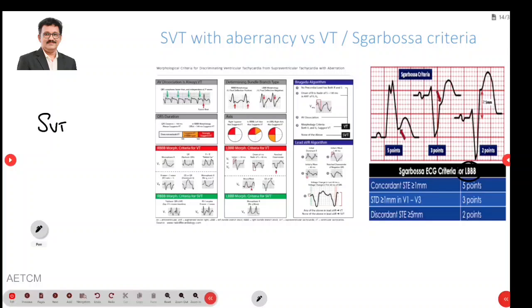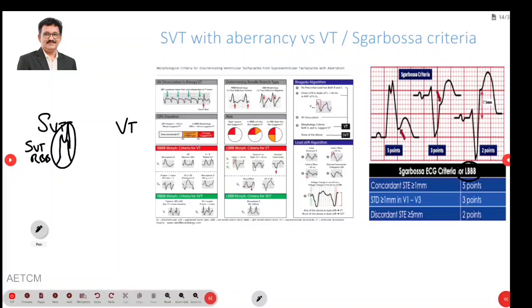SVT alone, VT, SVT with RBBB. So what happens is, you know that in RBBB, yesterday we were told there is an RSR dash pattern in V1, and if you have a tachycardia, there also you can follow this pattern.